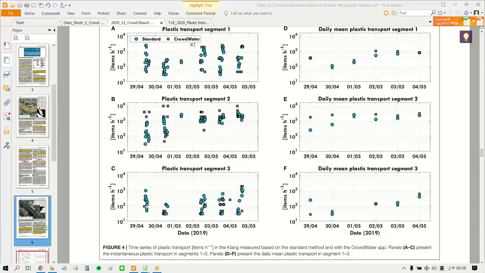So they compare these 2 data sets: one is the standard and traditional method, the other is the simplified app method. You can find it's quite similar, but sometimes it's different. Like here in segment 3, in between April 29th, the data is quite different.